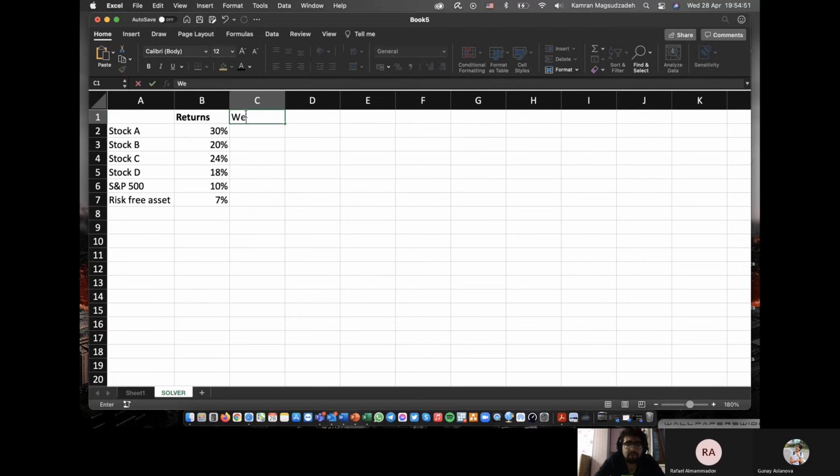We have also weights. But we don't have weights. We don't know weights. And our target expected return.